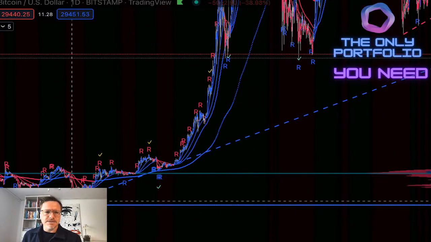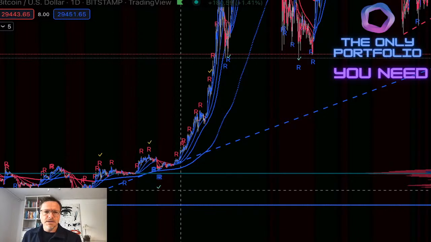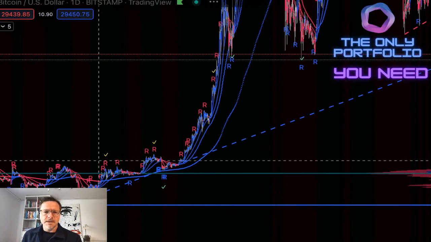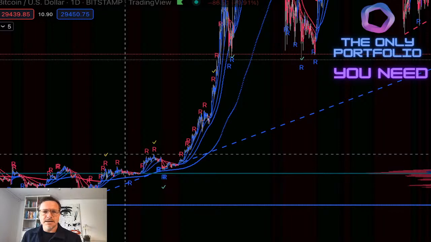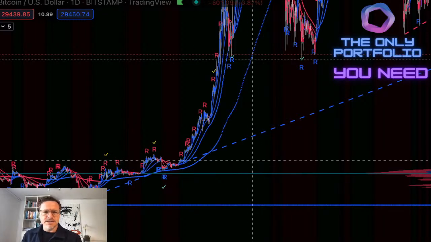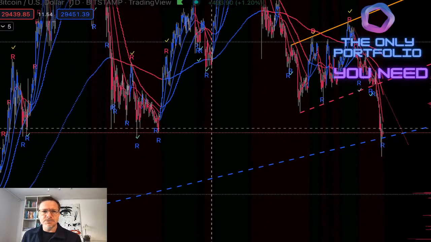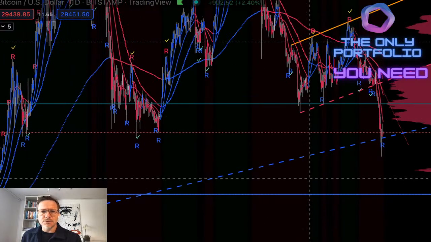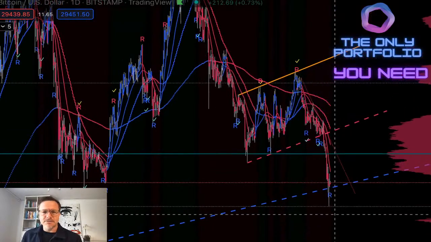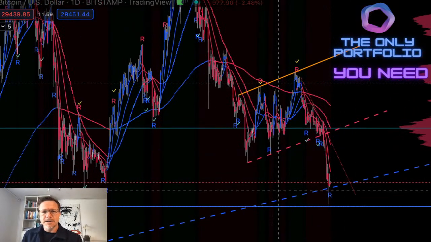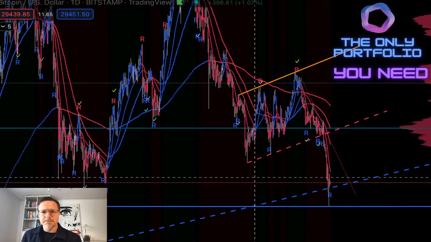I think this is where I started. Yeah, in March 20. As I see it, an asset always comes back to these long-term support lines, and when they do, I think it's important to react to this, no matter how scary it may seem.